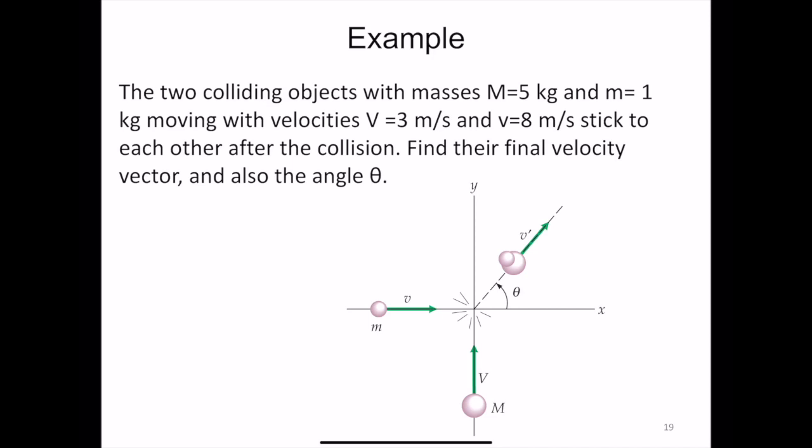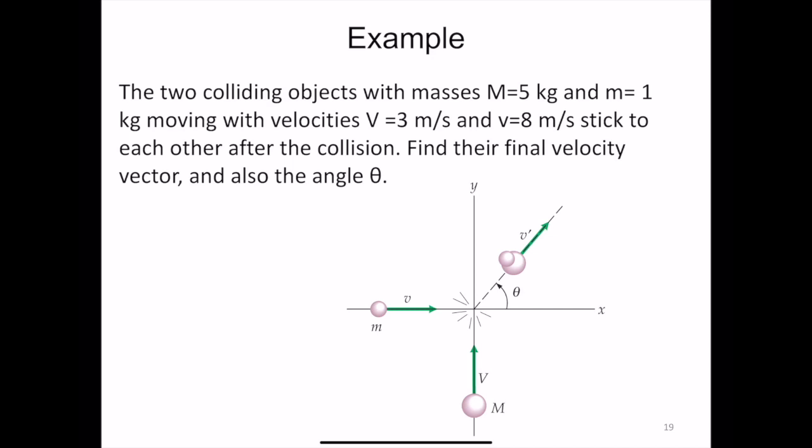They collide at the origin, and then they stick together and start moving in the direction indicated by the arrow. So you have to find the final velocity of the combined mass, and the angle that the velocity makes with respect to the x-axis, right?